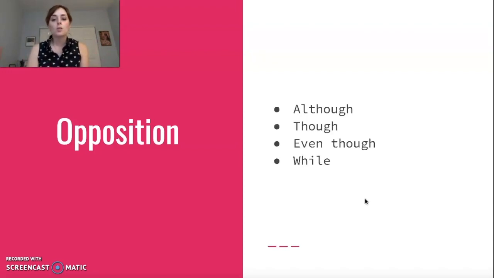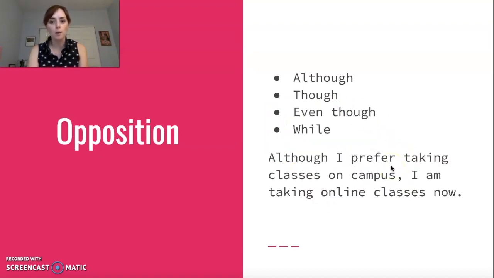Okay, so for opposition, the subordinating conjunctions that we're going to learn today are although, though, even though, and while. Okay? While is a little bit of a tricky one because we can also use this as a time function, but right now we're just going to focus on while as an opposition to show an opposition relationship, and we'll look at all of these now.